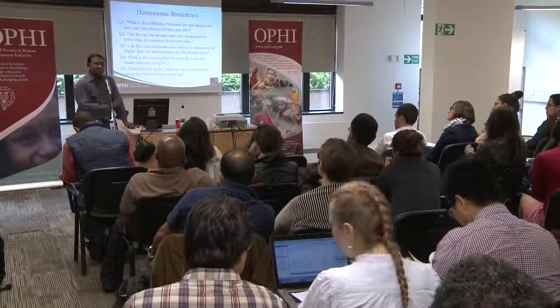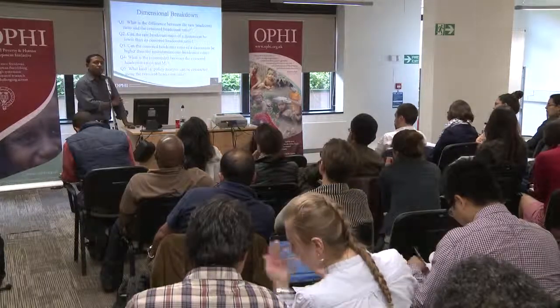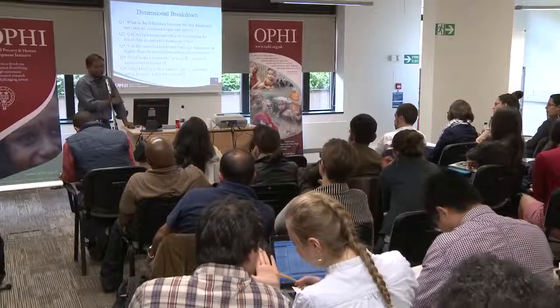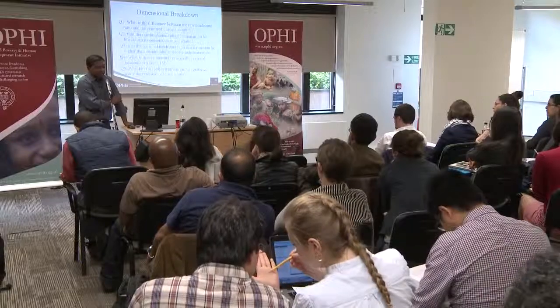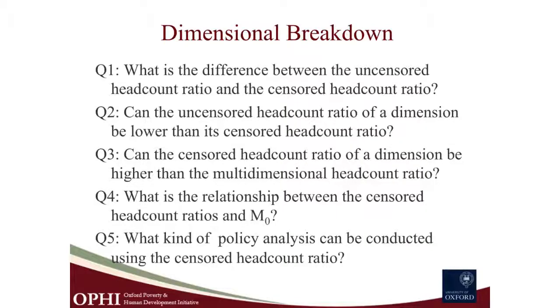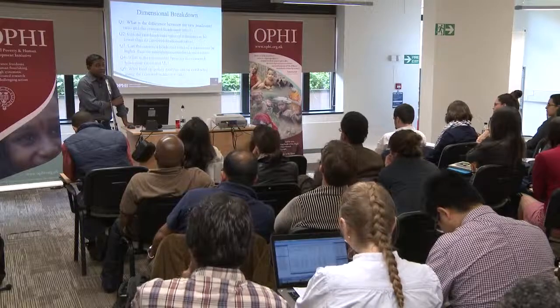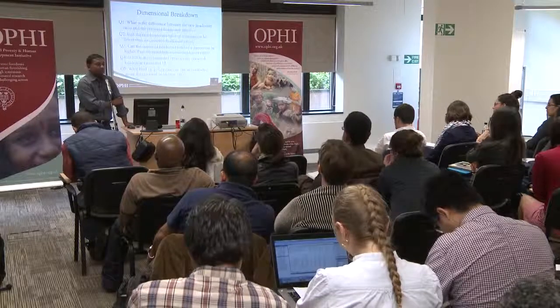It makes your life easier to decompose or find the contribution. And then, of course, the question is what kind of policy analysis can be conducted using the censored headcount ratios. What censored headcount ratios tell you is the level of deprivations among the poor.